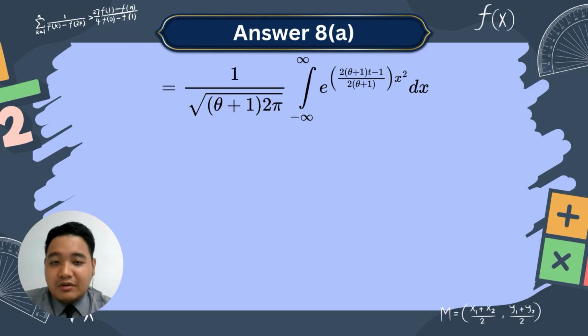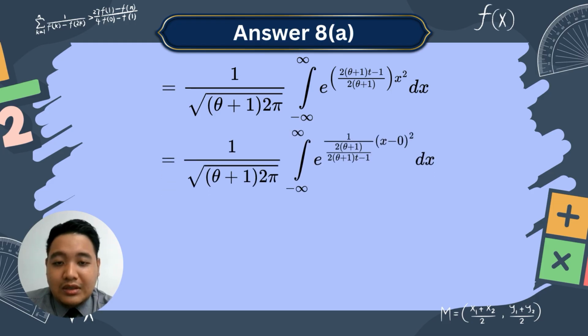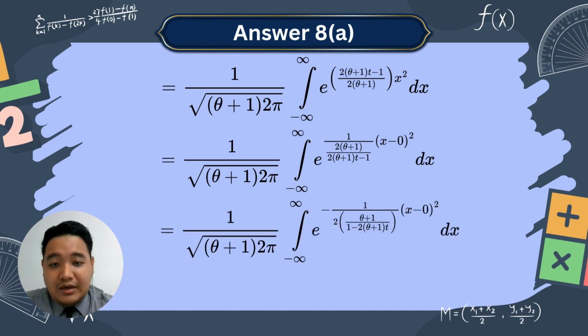But if you look further at the function right now, the only distribution function between these two having sigma squared in the exponent is the normal distribution function. So in order to get rid of the integral, we need to get the normal distribution function here. So that's why I put the 2 times (theta plus 1) times (t minus 1) down to the bottom of the fraction, so that it will look more like the normal distribution function. Then I factorize negative 2 out of it.